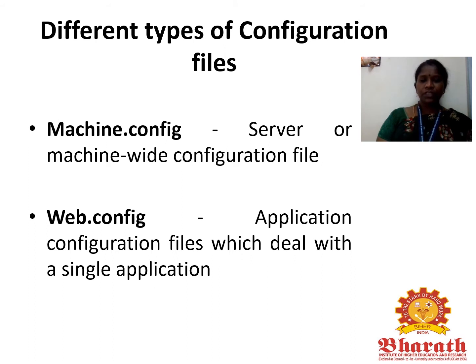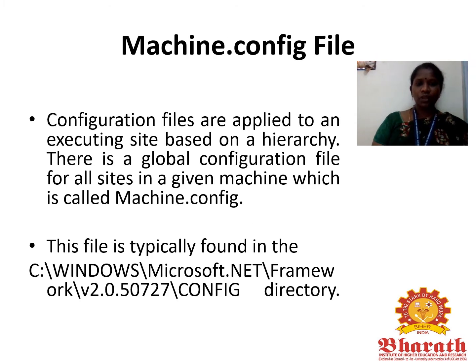First, let me discuss machine configuration, the short form is machine.config. Machine config means the server or machine level configuration file, and web config means application configuration file that deals with a single application. First, the machine config file. The configuration files are applied to an executing site based on a hierarchy.